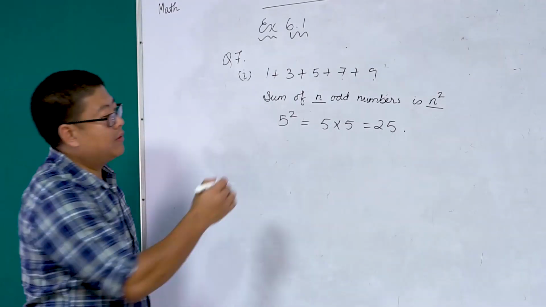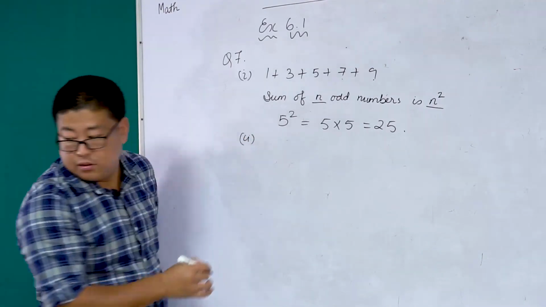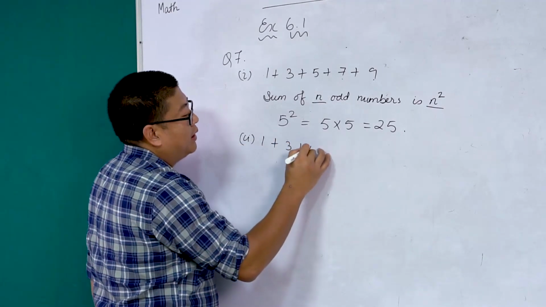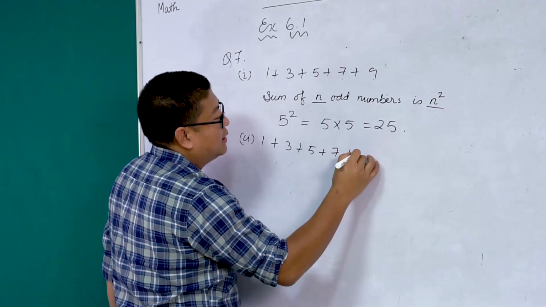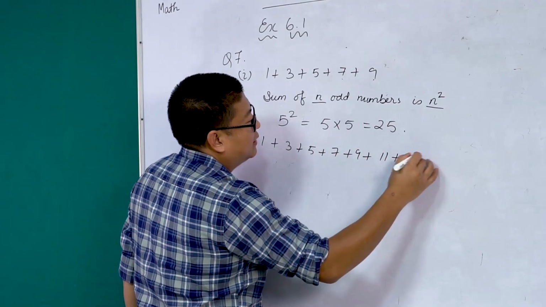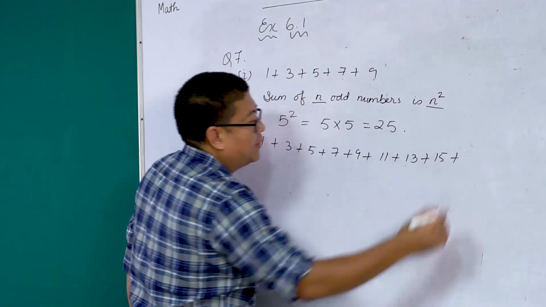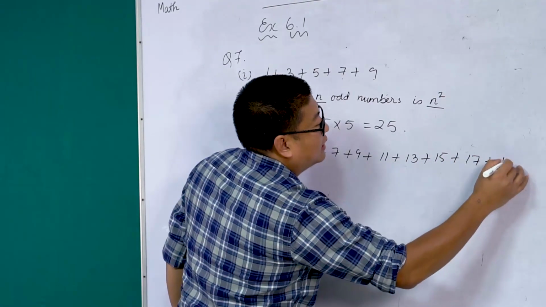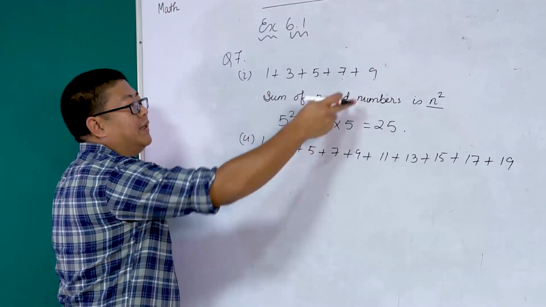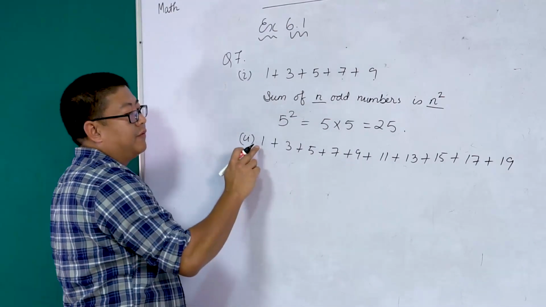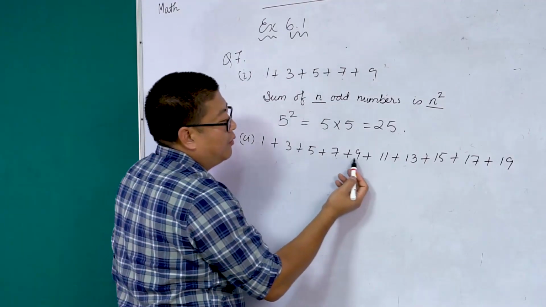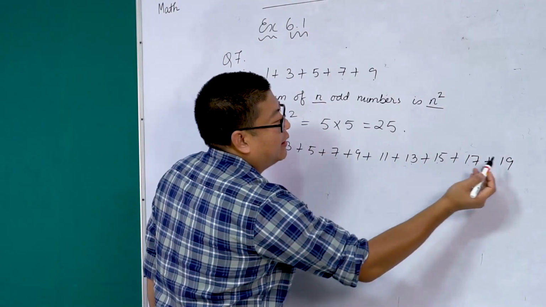Similarly, for the next question, it is 1 plus 3 plus 5 plus 7 plus 9 plus 11 plus 13 plus 15 plus 17 plus 19. Using this property, we can first count the number of odd numbers: 1, 2, 3, 4, 5, 6, 7, 8, 9, 10.